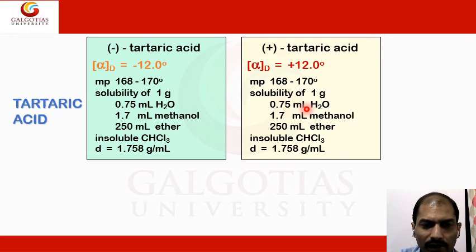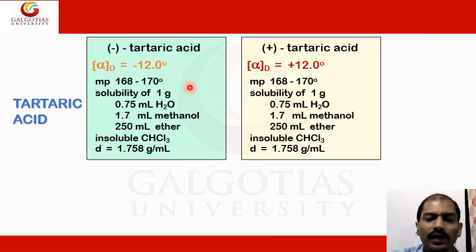Similarly, in terms of melting point and solubility, you will see they are the same, and their density is also similar. So most of the physical properties are the same with respect to different solvents, and density as well, but their optical rotation is different.